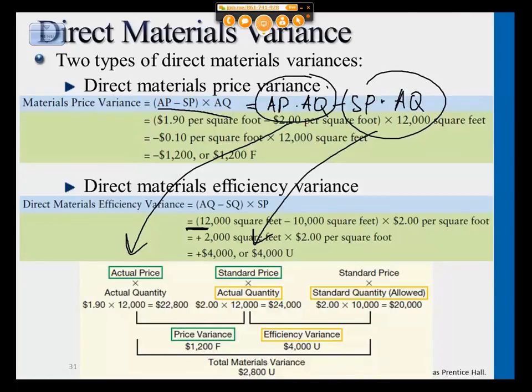Now here is a good moment for you to try to understand. My actual price and actual quantity is less than the standard price and actual quantity. What does it mean to me? The difference is in actual price and the standard price. If you look a little more, my actual price is less than standard price. Why is it favorable?